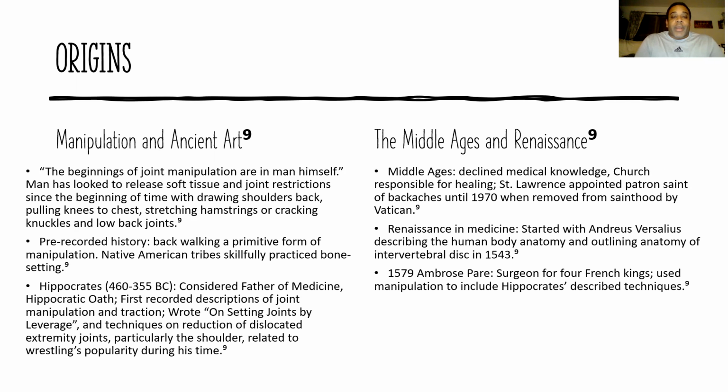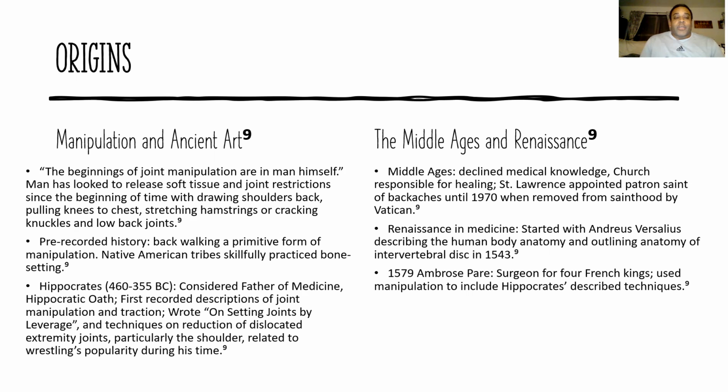This stemmed from cracking the joints in the fingers, the back, pulling the shoulders back, knees to chest stretching hamstrings, and then cracking the lower back. So people commonly do these things daily and don't realize that these are considered joint manipulations, but they are a form of joint manipulations.